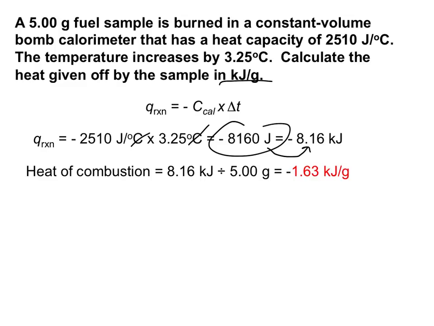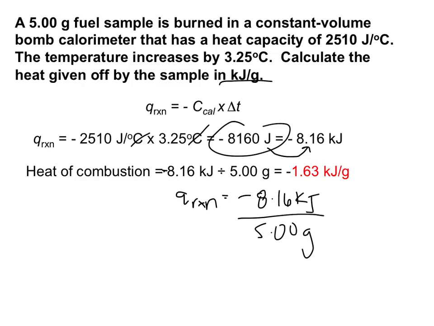So we know that our Q value should be negative 8.16 kilojoules, and we're going to divide by our mass, which is 5.00 grams. That will give us this answer here. So our heat of combustion, when we burn this sample, is negative 1.63 kilojoules for every gram that is burned.